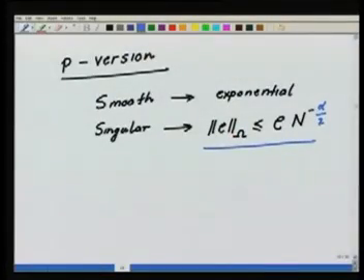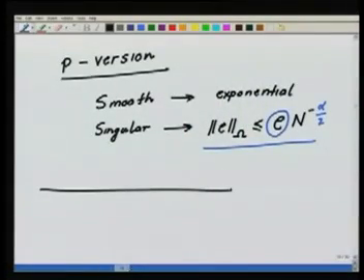So here also in the p version, the error does not do better than what you have for the h version. Only thing is that the constant in front may be small.